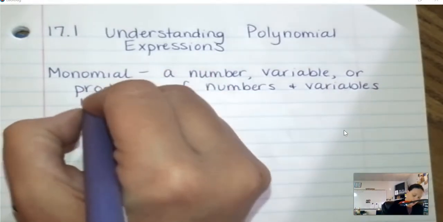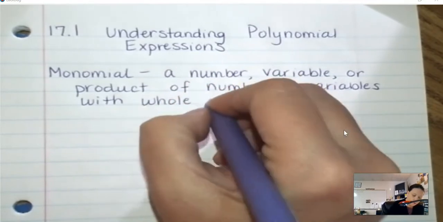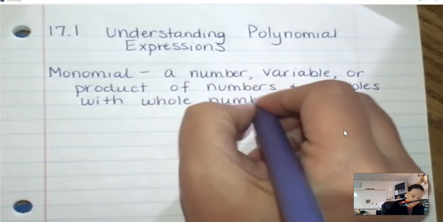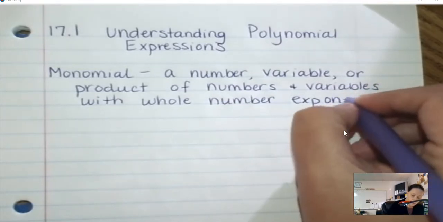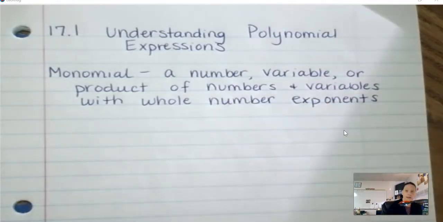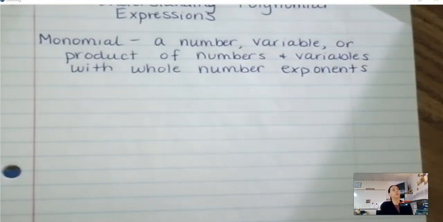And they will have whole number exponents. So you won't have any negative exponents, you won't have fractions or decimals as your exponents. So to be a monomial, it can be a number, a variable, or a product of those. And it can only have whole number exponents.